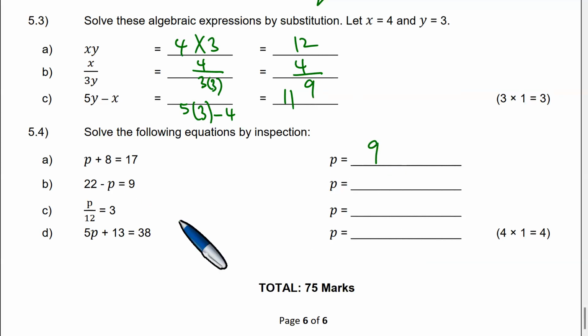The next one? So 32 minus. So 13. 13, well done.